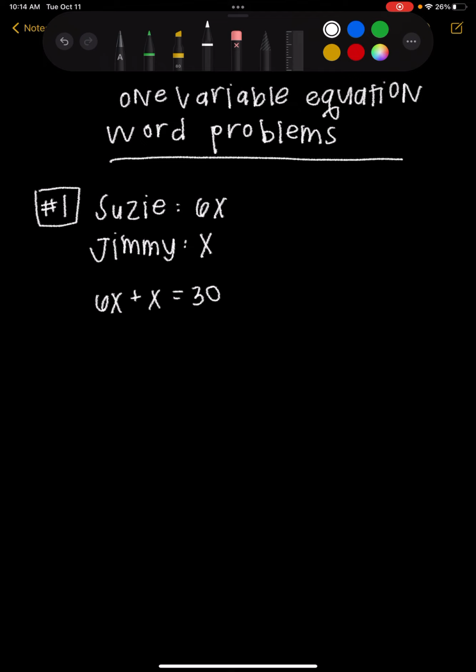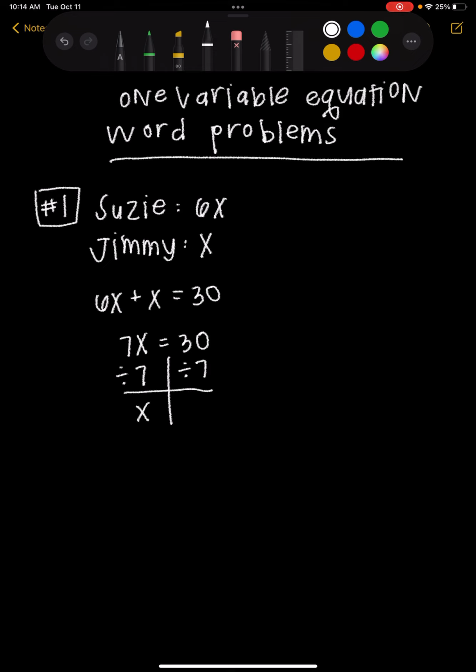So from here, what we're going to do is now just solve for x. So we have 6x plus x gives me 7x, and that's equal to 30. And then to solve this for x, we would just divide both sides by 7.